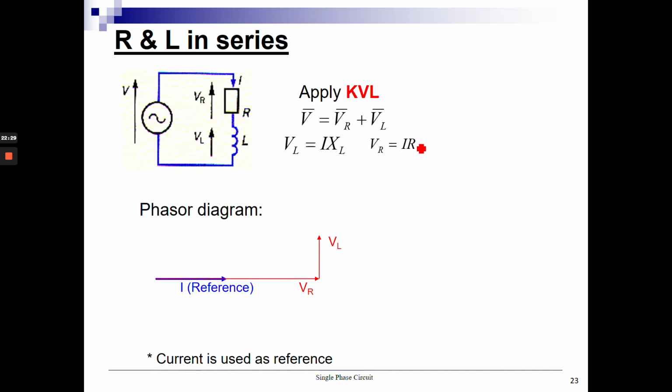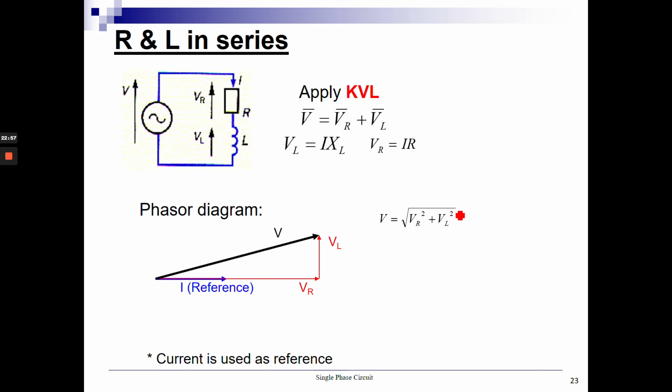So this is the phasor diagram. So your VR is here at the x-axis, and then your VL is positive. So this is your total V, using vector representation. So how do you get the value of V?